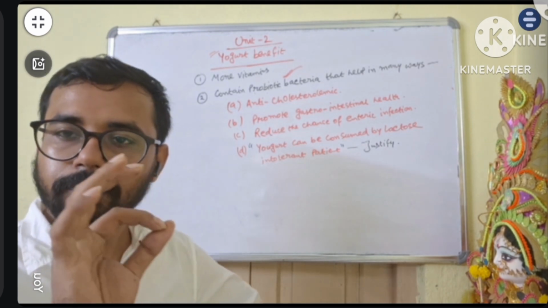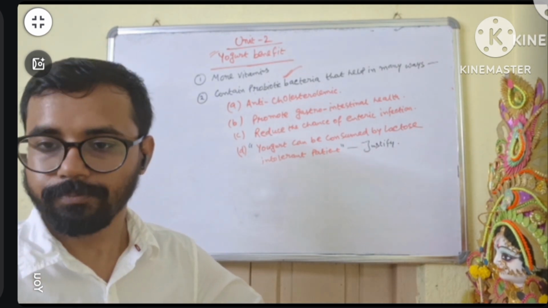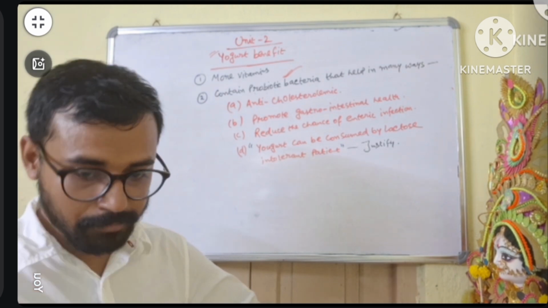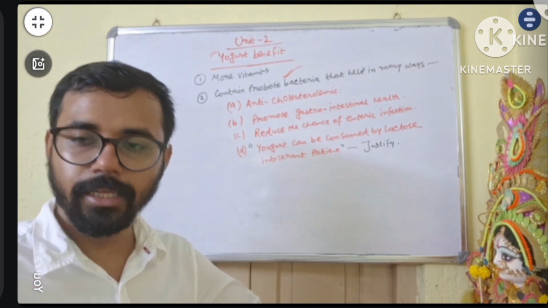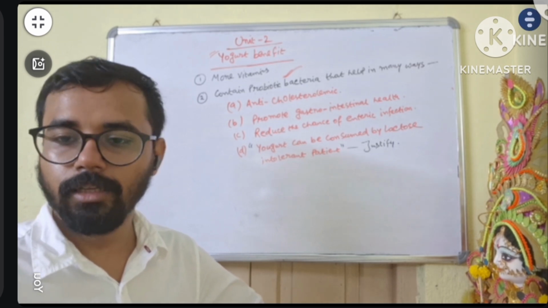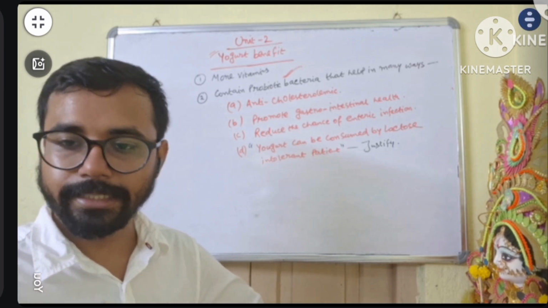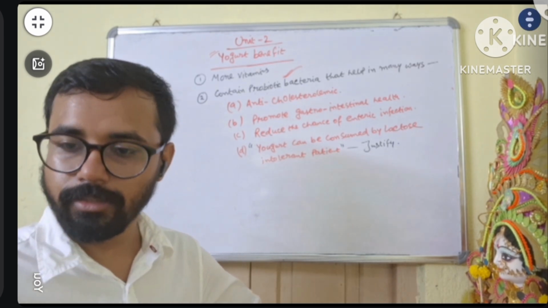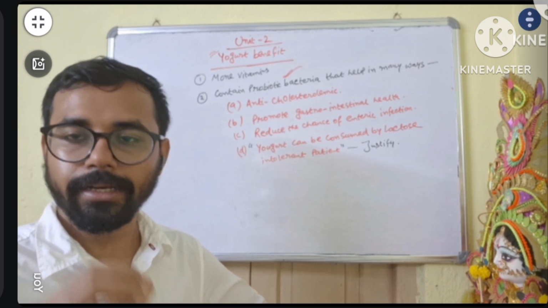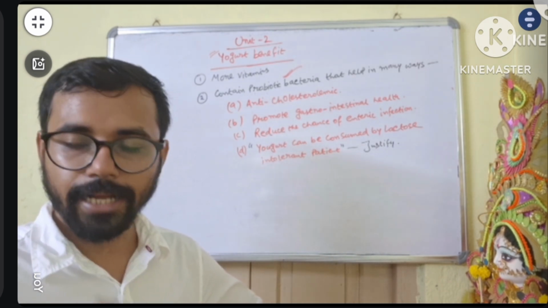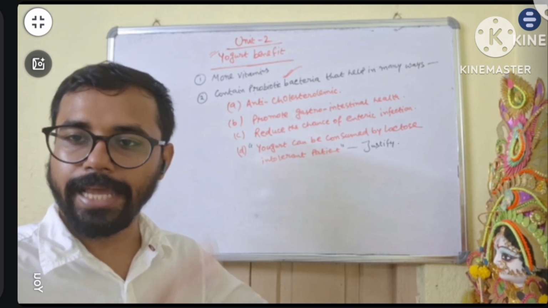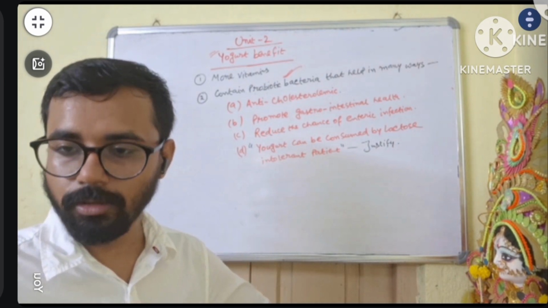Lactose intolerance means that milk containing products they avoid because they do not have lactase enzyme inside the small intestine, or the lactase enzyme proper concentration is absent. That's why the problem is that lactose enters into the colon.